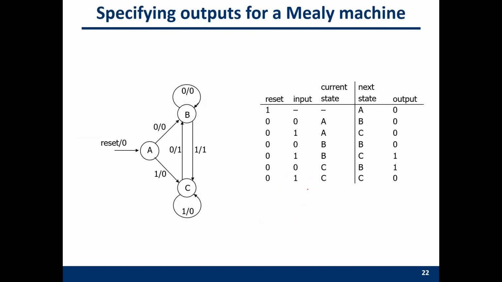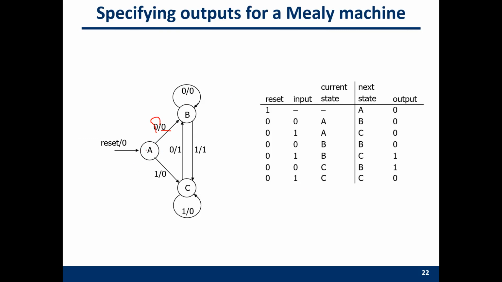And then I will give you an example to further explain the difference between the Mealy machine and the Moore machine. So this is a finite state machine. The left on the edge is the input. The right part is the output, and then we have A, B, C, 3 states.